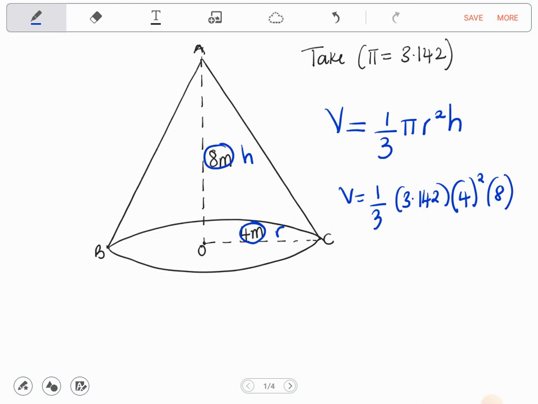All right, so ladies and gentlemen, just a minute. All right, so now let's go. So we have 4 squared is 16, right? Okay, so 16 multiplied by 8. All right, that 8 we are multiplying by 3.142. Then we are coming to divide that by 3.